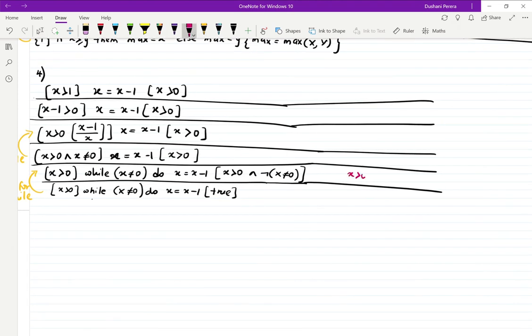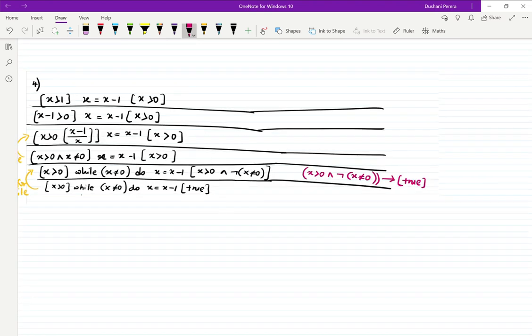So we have this strong postcondition and the weak one is true. And that's postcondition weakening. Precondition strengthening is over here. So we have this implies the weaker one.